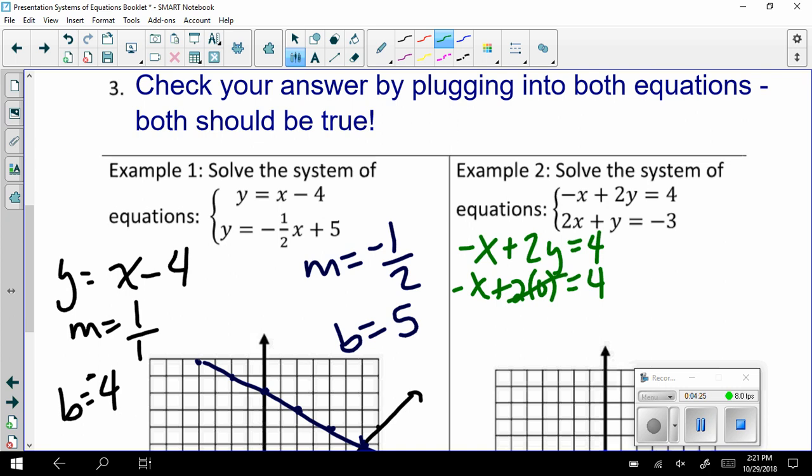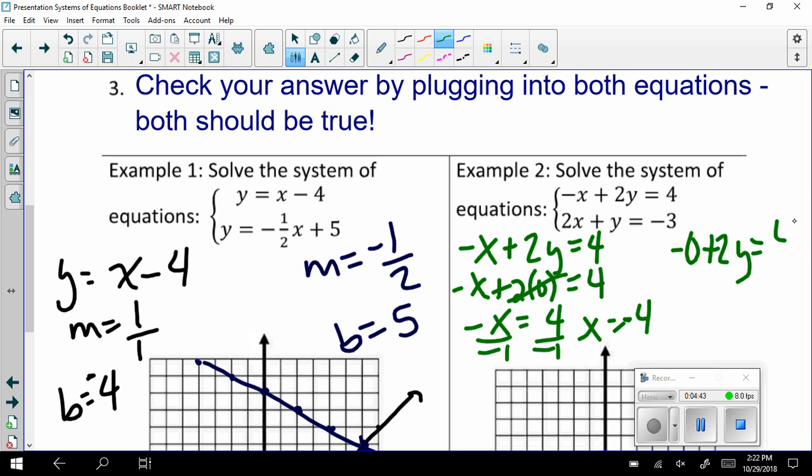Dividing by negative 1, I get x equals negative 4. So my x-intercept is negative 4. Finding my y-intercept, I'm going to let x equal 0. Dividing by 2, I get y equals 2.